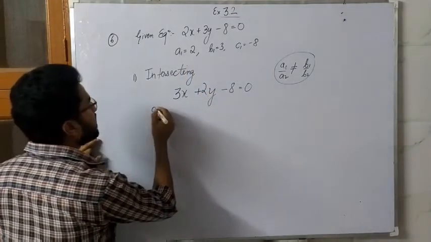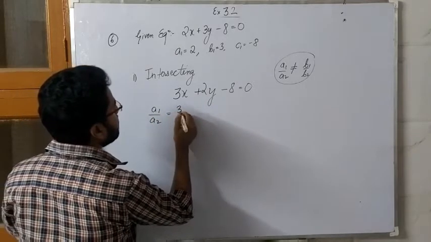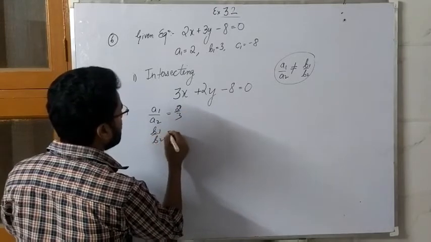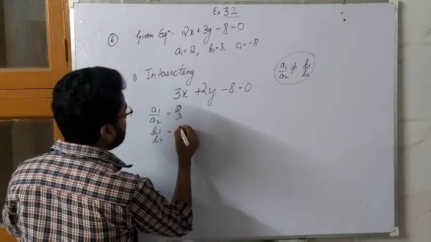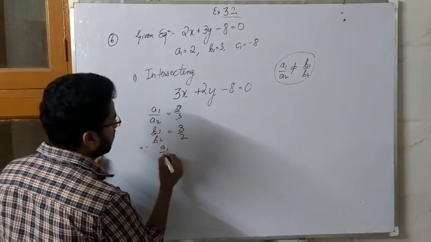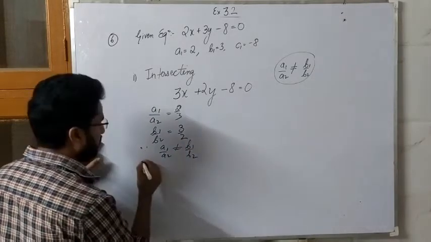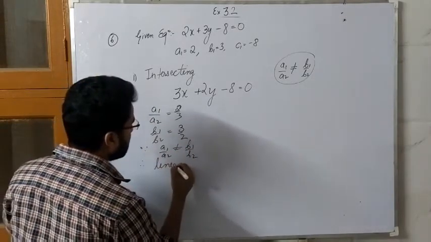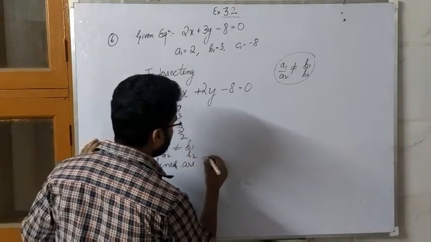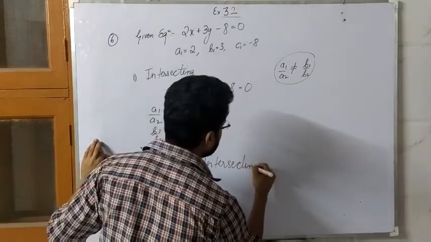Now you can clearly check A1 upon A2 is 2 by 3, and B1 upon B2 is how much? 3 by 2. So you will say since A1 upon A2 is not equal to B1 upon B2, therefore lines are intersecting. Right?